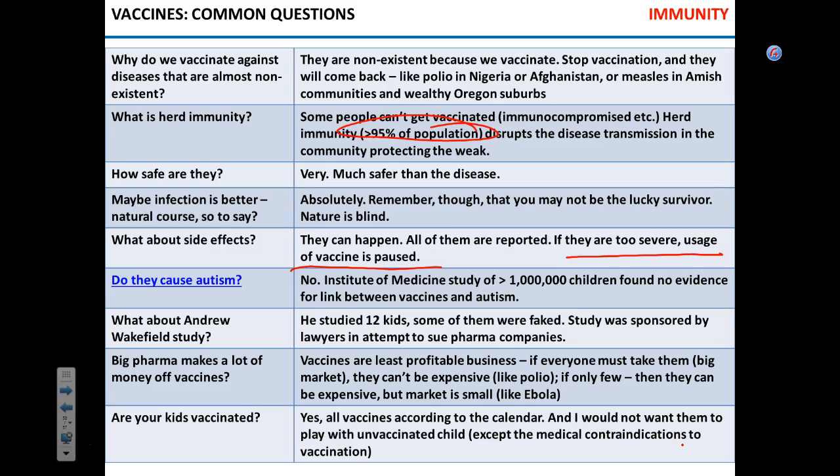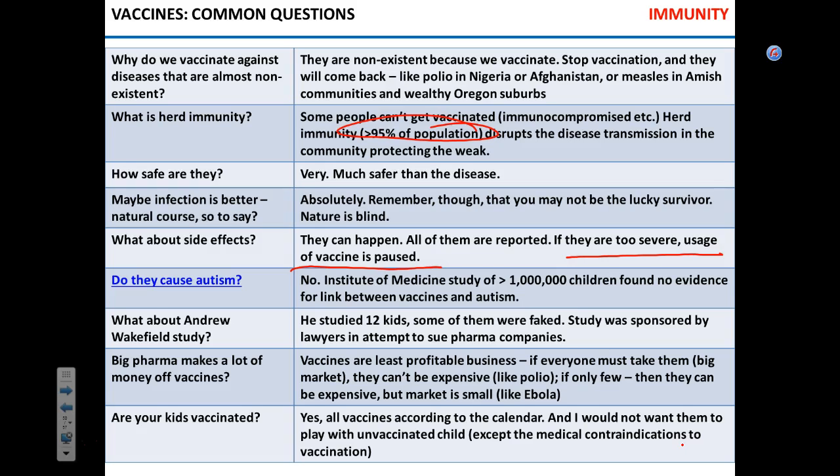Do they cause autism? Andrew Wakefield in 1997 published a paper based on a study of 12 children. 5 of them were fake. They never existed. He claimed there's an association between the MMR vaccine and autism.